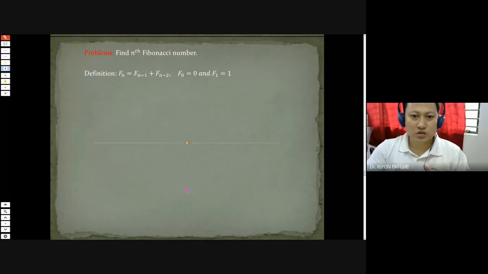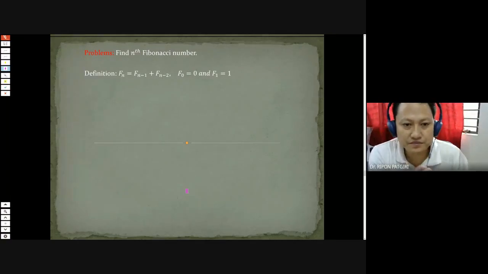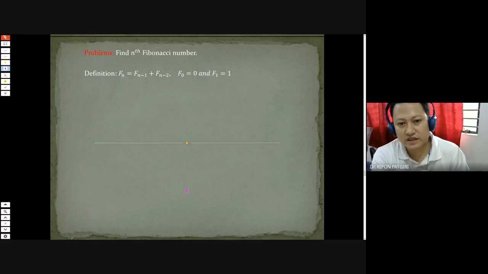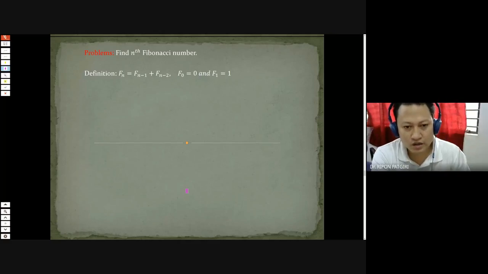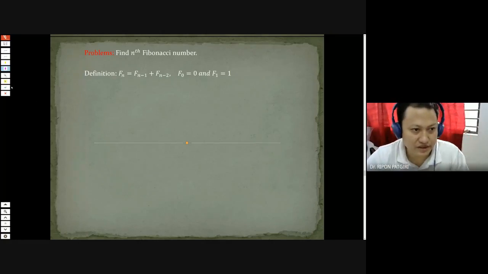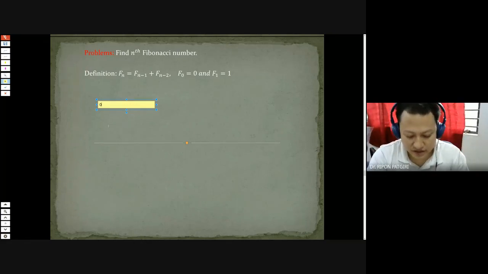Now, today's problem is to find the nth Fibonacci number. What are the Fibonacci numbers? 0, 1, 1, 2, 3. Say for example, I'm going to type here. First, 0 is the Fibonacci number. Then 1 is the Fibonacci number.